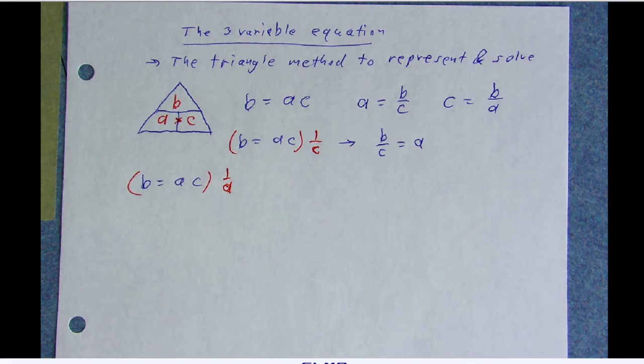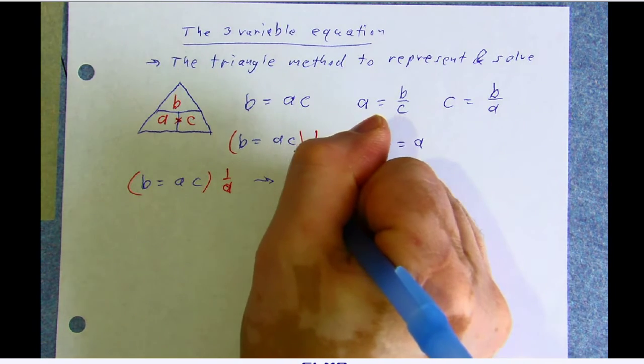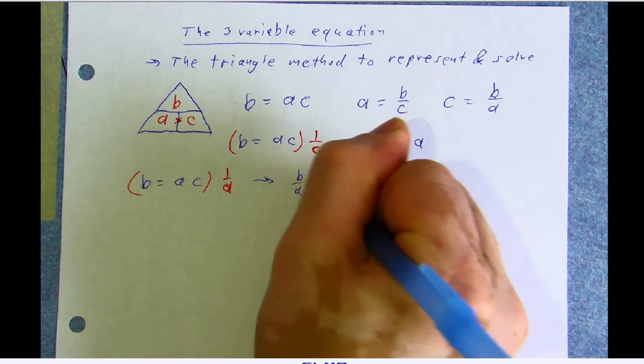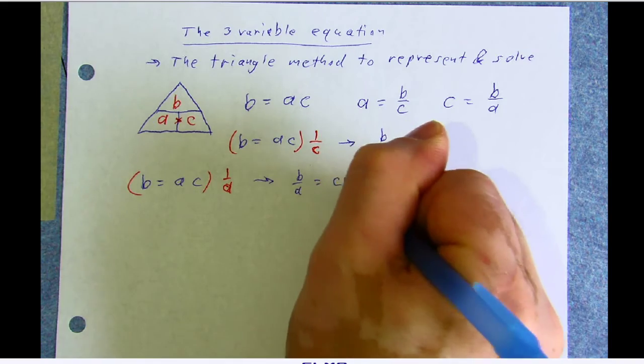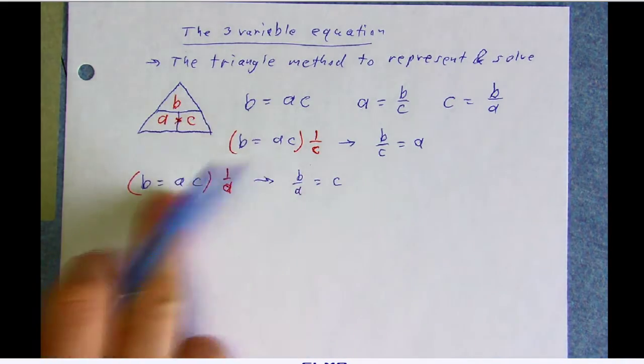I multiply by 1 over A, and the A would cancel, and this would give me B over A equals C.